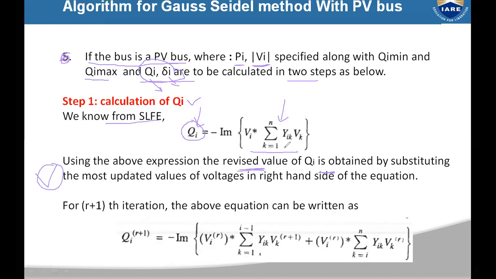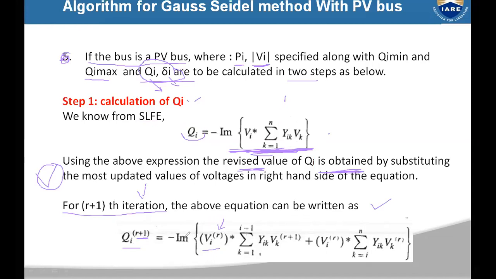Now if this equation is extended to the (r+1)th iteration, Q_i at the (r+1)th iteration is equal to minus imaginary part of V_i at the rth iteration. While calculating Q_i, on the right hand side you have to update the voltages to the most previously calculated values.